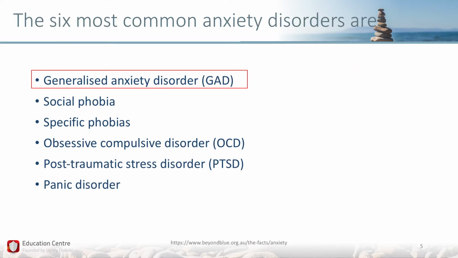There are basically 6 main common anxiety disorders. You've got generalized anxiety disorder, which I'll abbreviate to GAD. Social phobias, where people feel overwhelming anxiety in social environments, and specific phobias, which relate to particular activities people might desire to do.